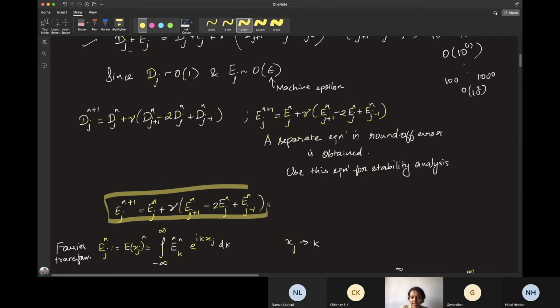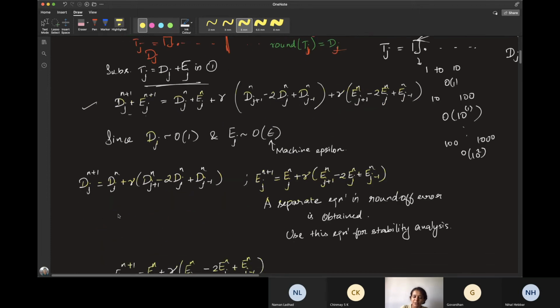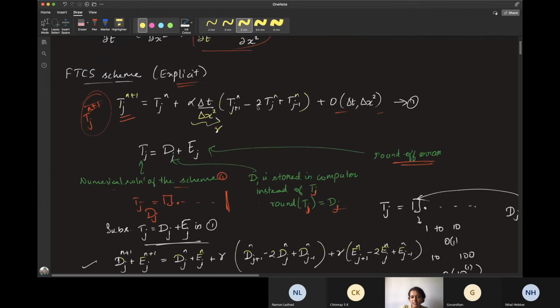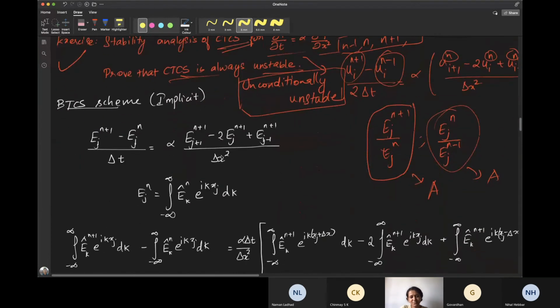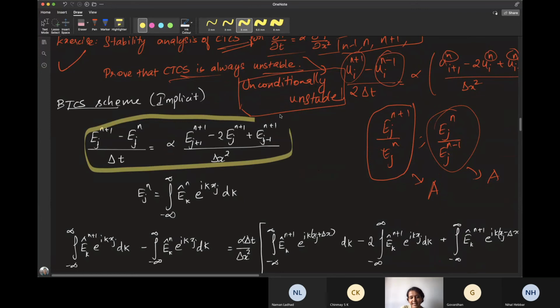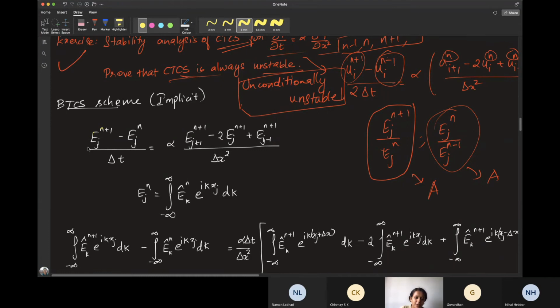And for linear cases, this expression EJ will follow the same difference scheme as your solution only. So I'm just writing EJ here directly. So this is the error equation now.